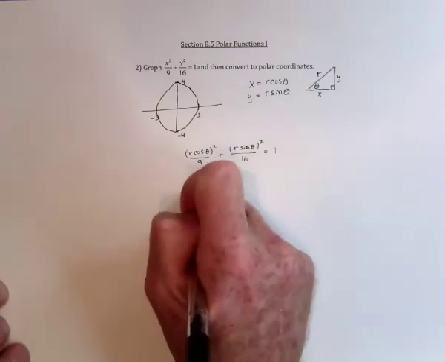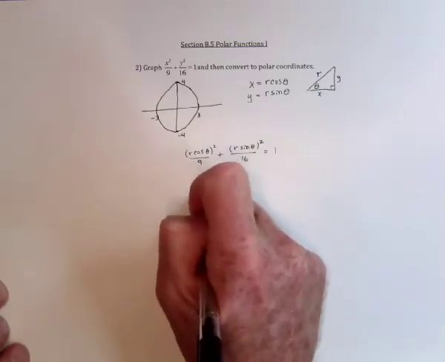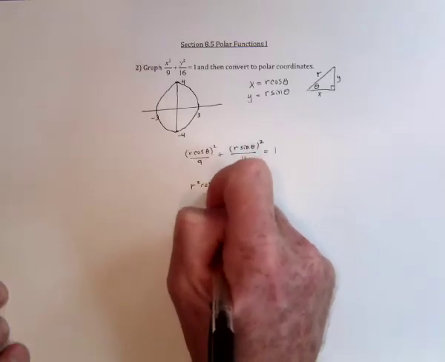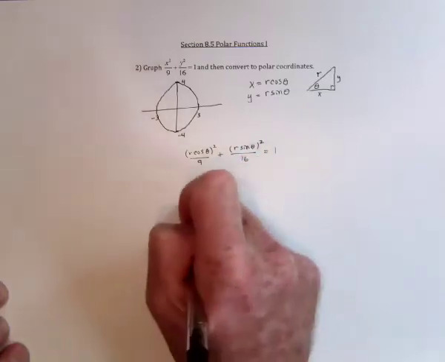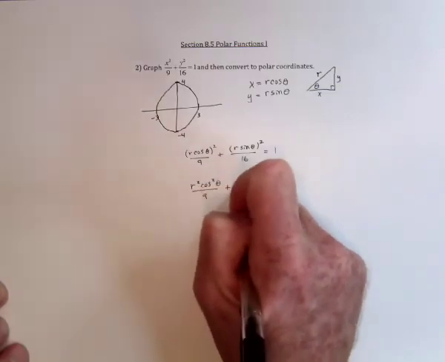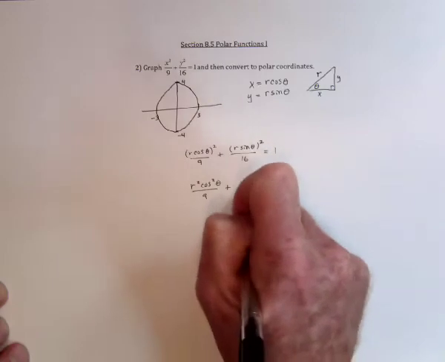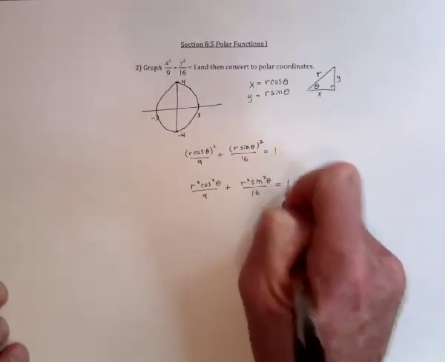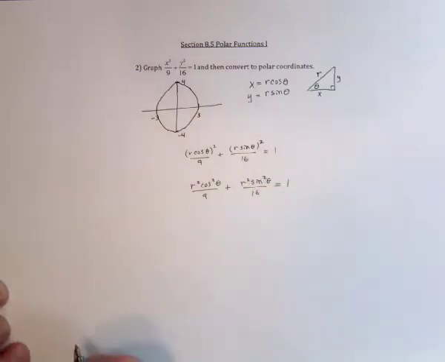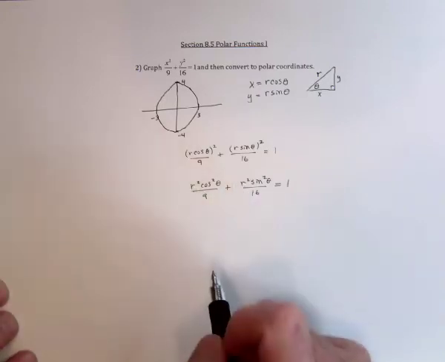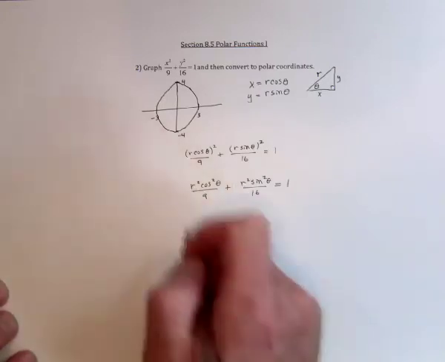And so we've got r squared cosine squared, and that one's over 9. We've got r squared sine squared, and that one's over 16. Well, there's an r squared in each one, so we could factor that out.